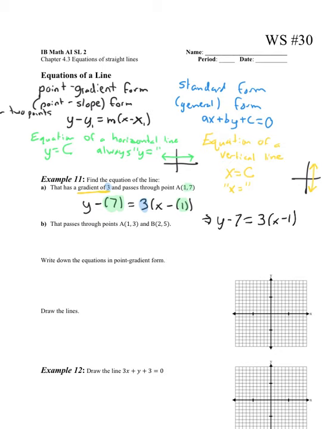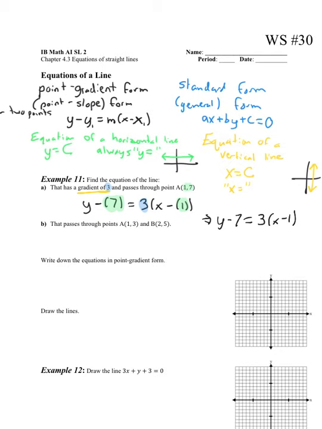Now, if I wanted to graph that line, I might need to change the equation into slope-intercept form. All right? But for right now, I can just leave it at that. Okay? That would be example A there. Example B gives me 2 points.